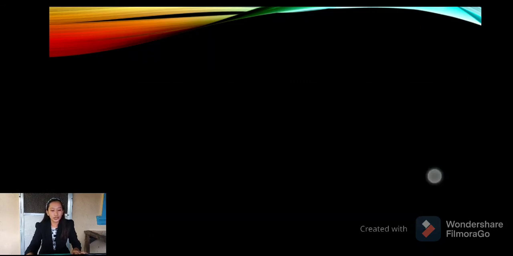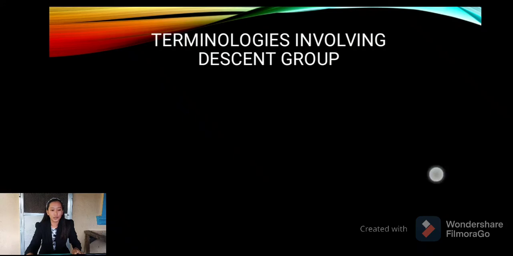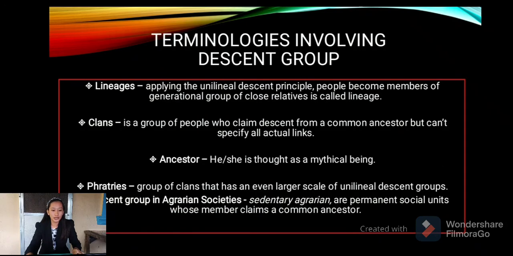These are the terminologies involving descent groups. First, the lineage. Applying the unilineal descent principle, a group of close relatives who become members by generation is called a lineage. A clan is a group of people who claim descent from a common ancestor but cannot specify the actual links.